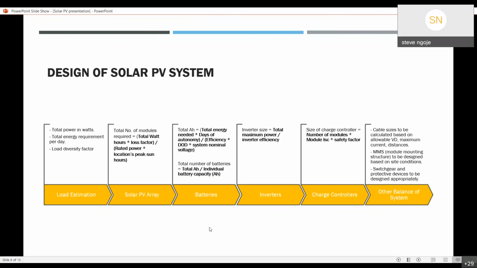If you look into any battery data sheet, they have something called life cycles. A life cycle of a battery is the number of times this battery will be charged and discharged.